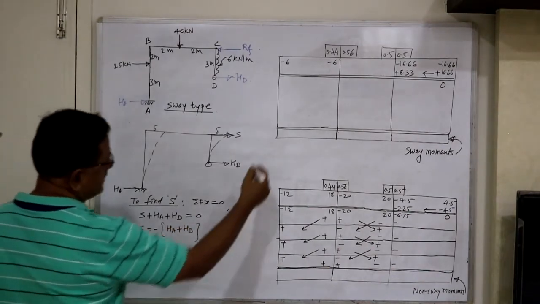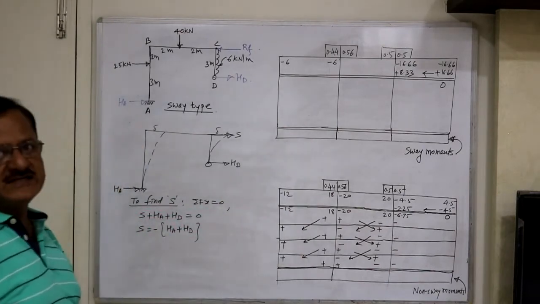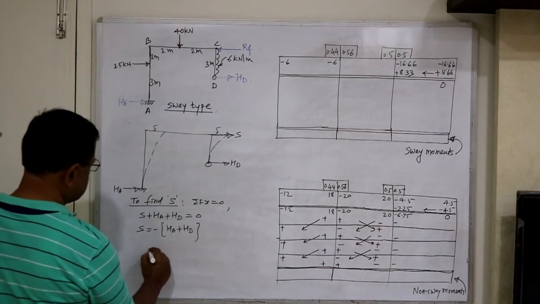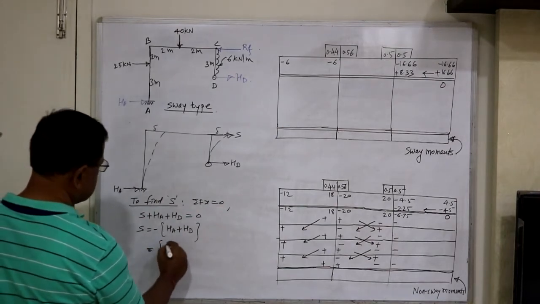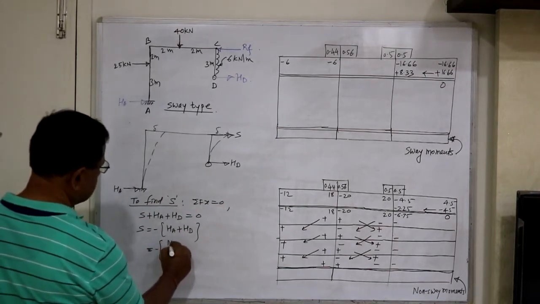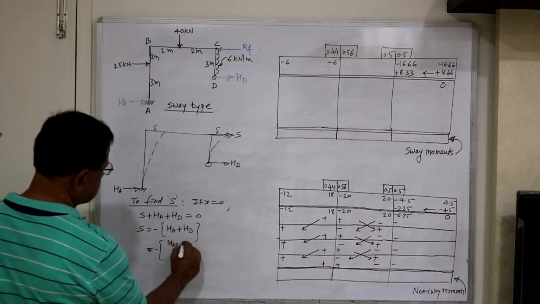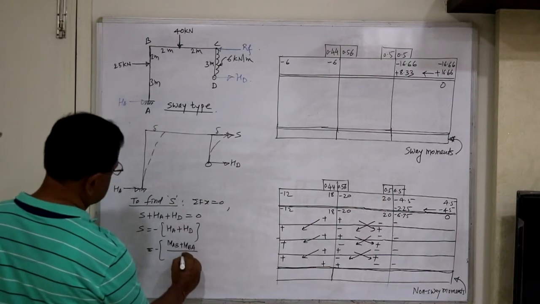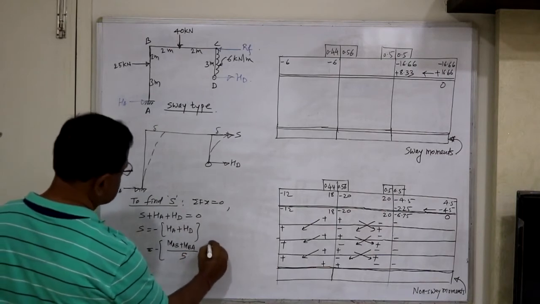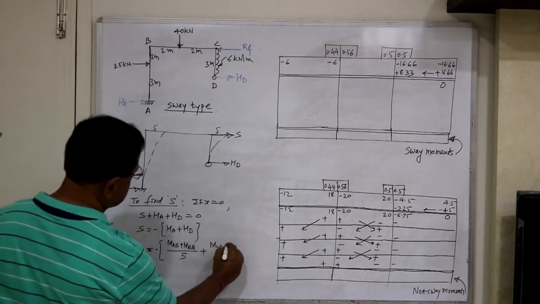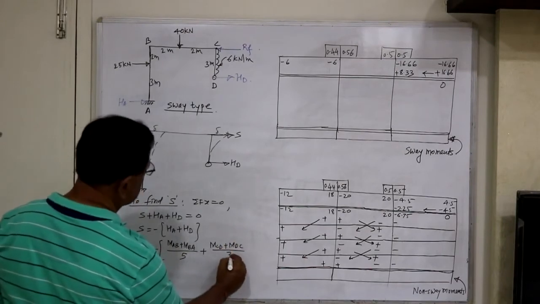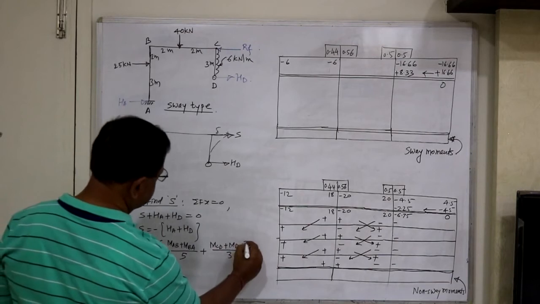Generally you will get the column end moments negative, and that negative becomes positive. So what is HA and HD? HA is (MAB plus MBA) divided by the height of the column, that is 5, plus (MCD plus MDC), which will be 0, divided by the height of the column, 3.